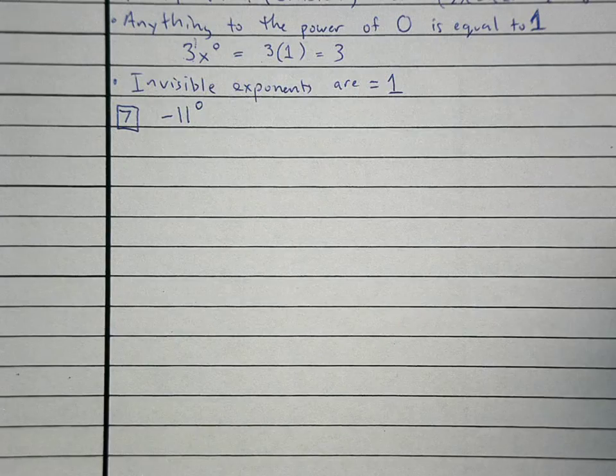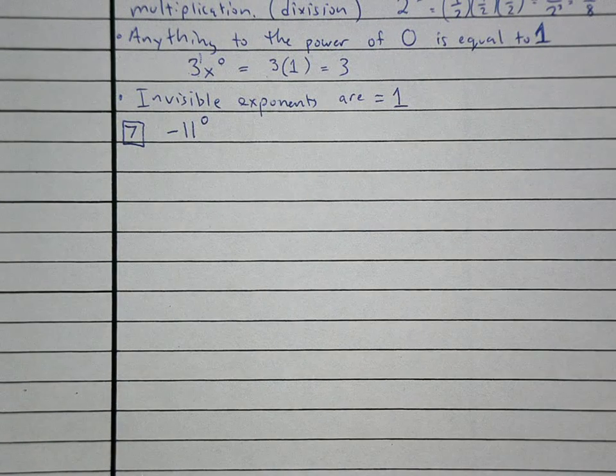Let me lower that down just a little bit. This one's tricky. The first time I did it, I almost got it wrong. What I want to remind you is there's order of operations here. When you look at this, is the negative in parentheses?